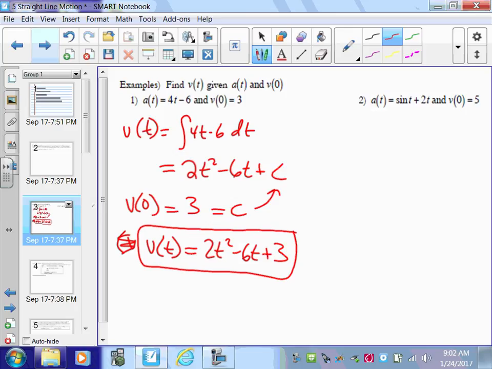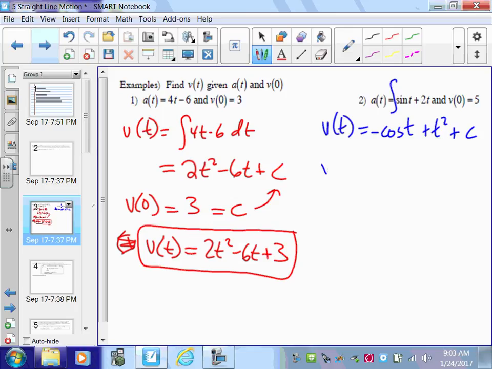Let's do it again. This time the acceleration is sine t plus 2t. So v of t would be the integral of that: negative cosine t plus t squared plus c.